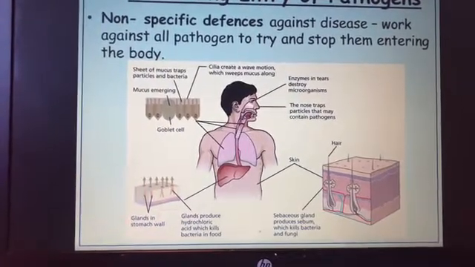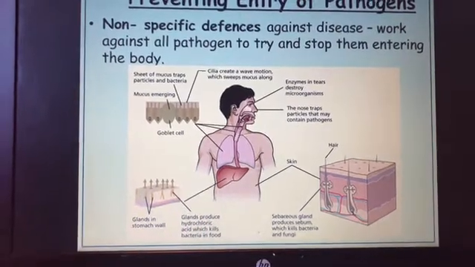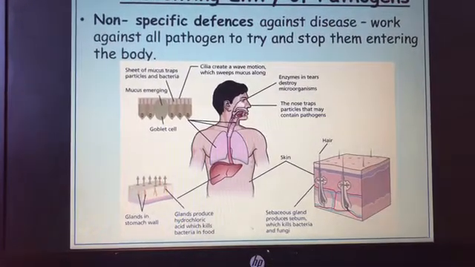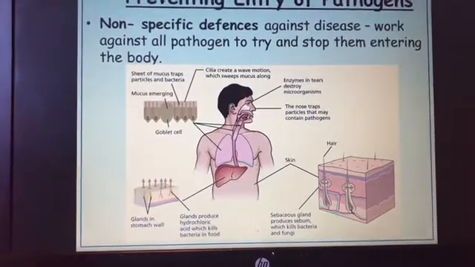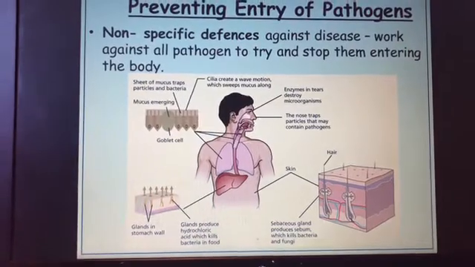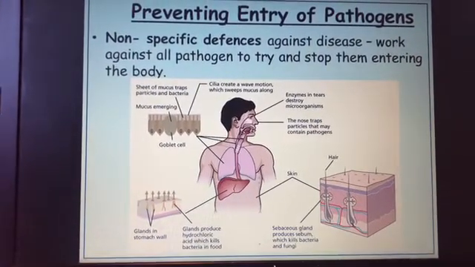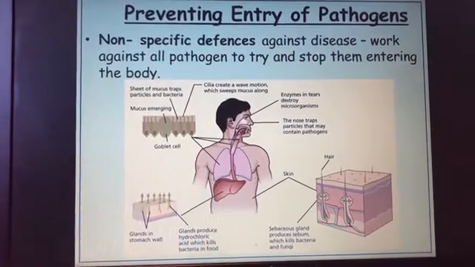Your tears are also salty, which is a natural antiseptic because it dries out the bacteria. You've got hairs in the nose, which stop pathogens entering. And your sweat also contains lysozyme, which is an enzyme which breaks down bacterial cell walls. So they're your non-specific defences.